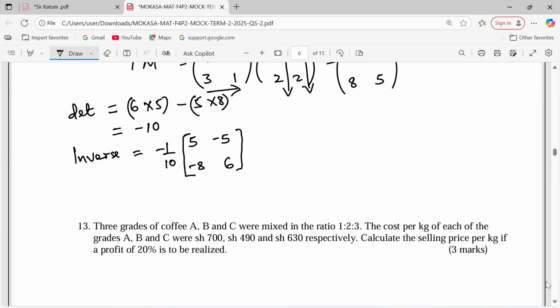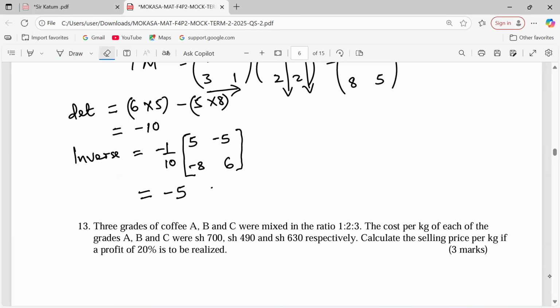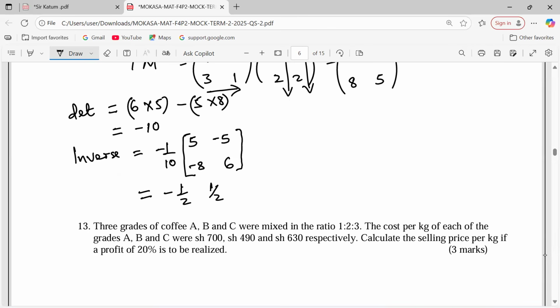Remember, with this now, we can open these particular brackets and have the inverse as this part becomes negative 5. Then the other one positive because it's already negative. Okay, I'm trying to multiply by 1 over 10, sorry. So this becomes 1 over 2, but with a negative. The other one, 1 over 2, but now without the negative.